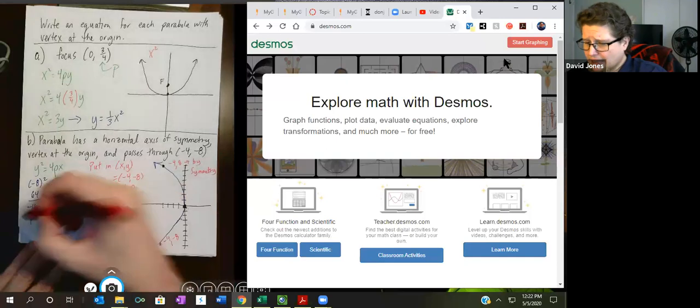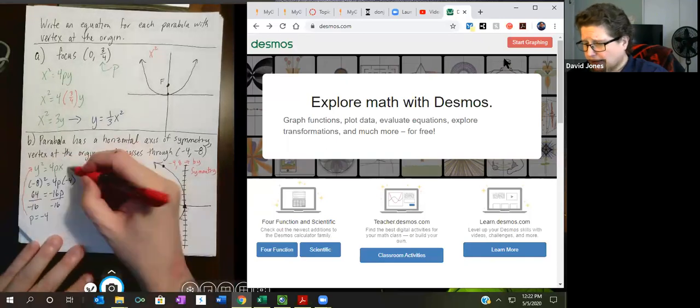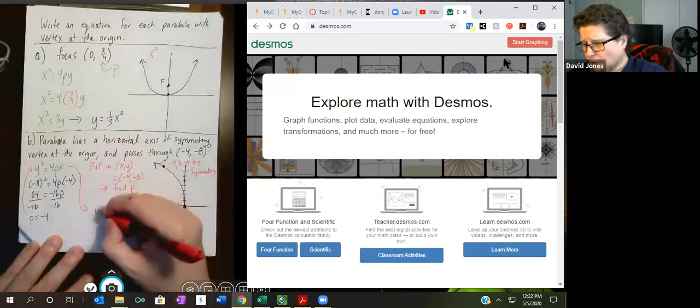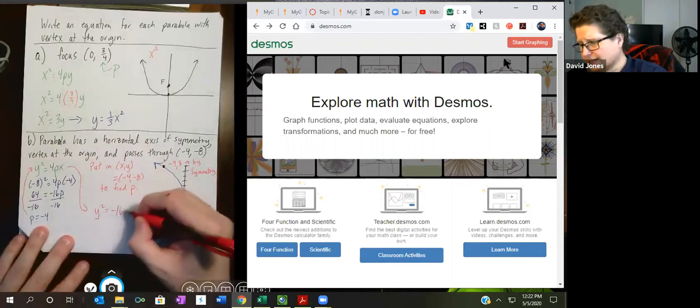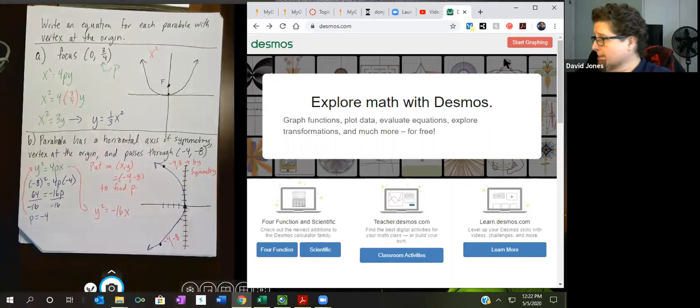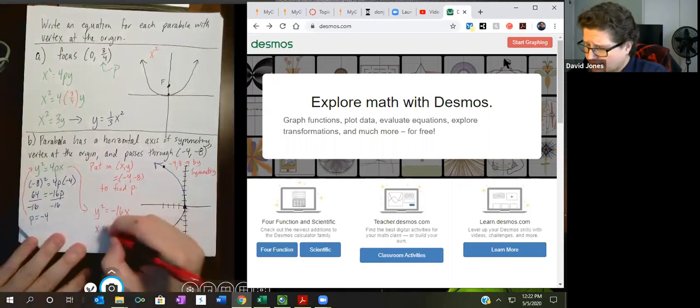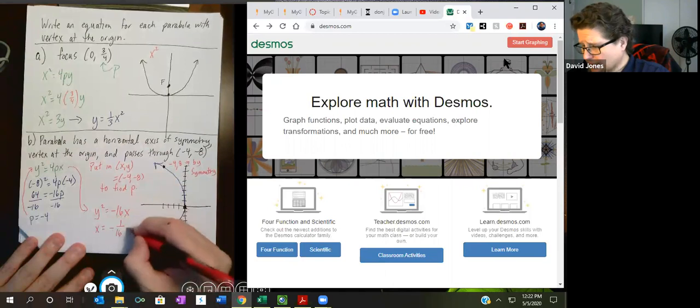Which means I can put that right up into there, and it spits out y squared equals 4 times -4, -16x. Or if we divide by -16, we could say x equals -1/16 y squared.